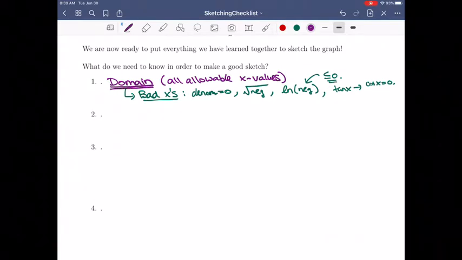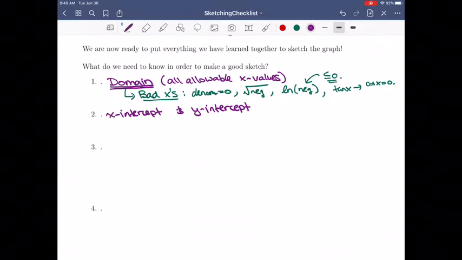Okay, now the next thing that you might want to think about are the x and y intercepts, if they exist. These are points we usually want to include in our sketches, assuming that they're not too difficult.